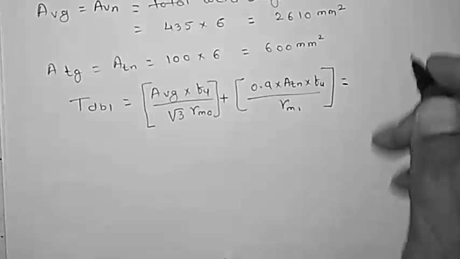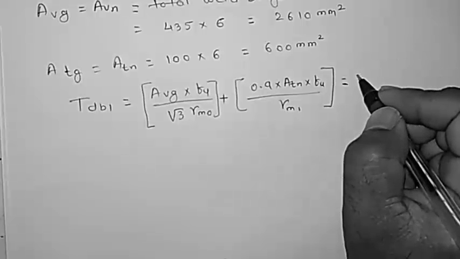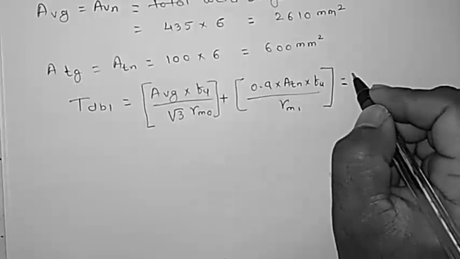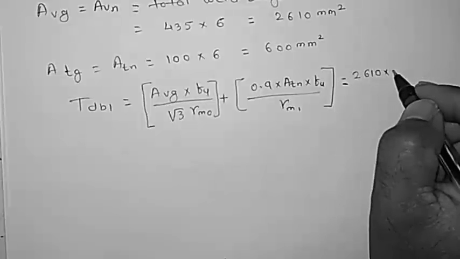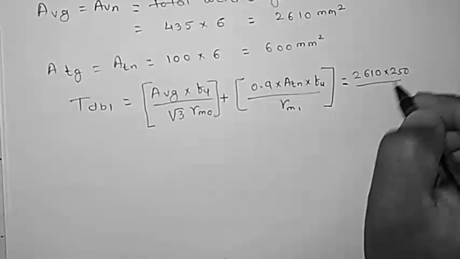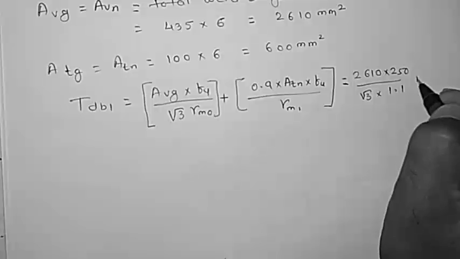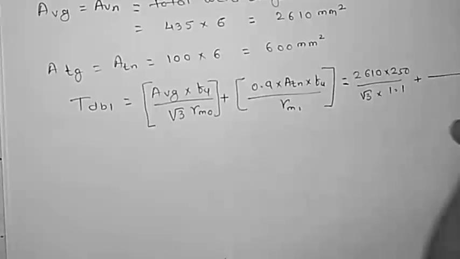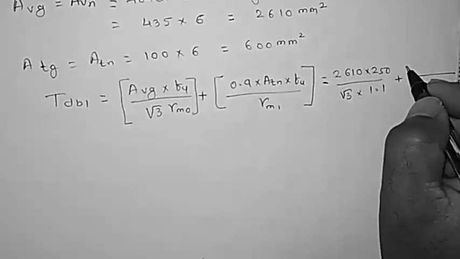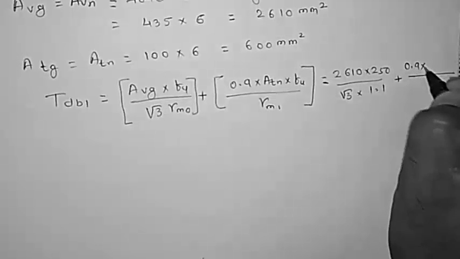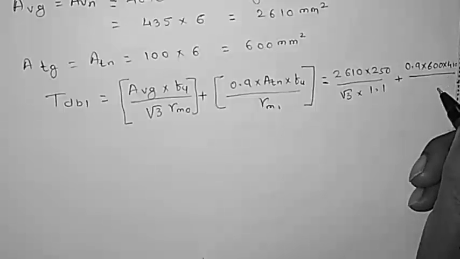So here you will get it around, if you just calculate AVG, which we know that is 2610 multiplied by Fy, that is 250, root 3 into gamma MO, that is 1.1, plus 0.9 into ATN, that is 600, multiplied by 410.